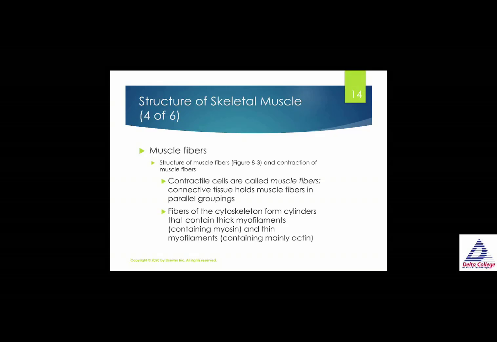So muscle fibers, the structures and the contraction of muscle fibers are seen in figure 8-3 in your book. The contractile cells are called muscle fibers. Connective tissue holds muscle fibers in parallel groupings, and fibers of the cytoskeleton form cylinders that contain thick myofilaments.